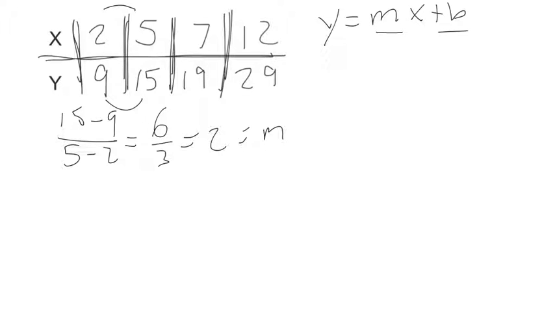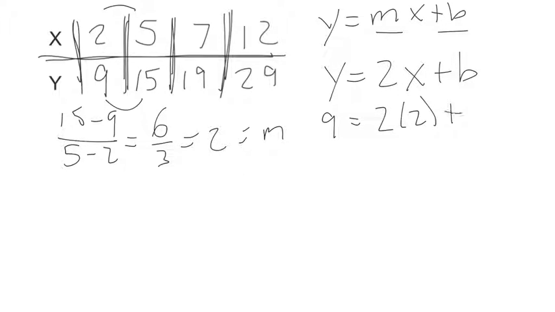My y-intercept, well, we got the 2 already here, we still need to find the b. Plugging in the smallest x and y value there, I would have 9 for y and 2 for the x, based on that first coordinate there. This is going to give me 9 is equal to 4 plus b.